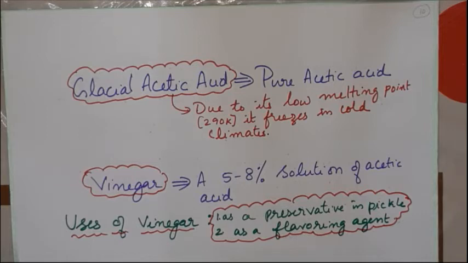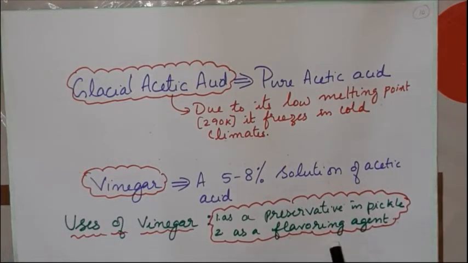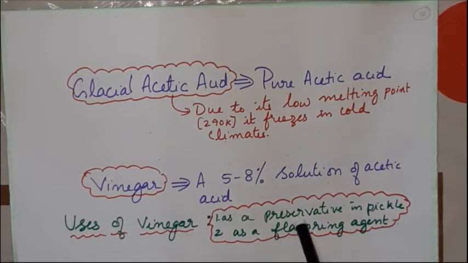First, it is used as a preservative in pickle, and second, it's a very good flavoring agent. It is present in all fast foods like fried rice, pizzas, your favorite. It's a very good preservative. It extends the life of pickles. So hence it is a preservative.